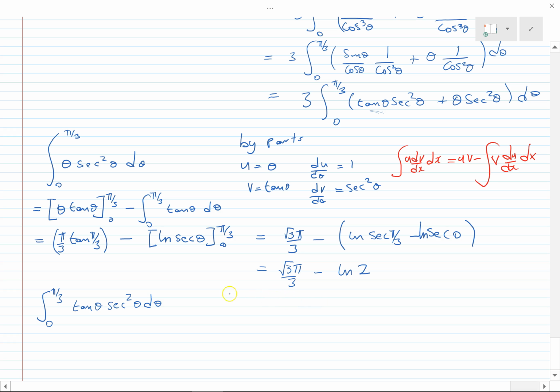We can often use an inverse chain rule or standard patterns type thing if we can arrange it properly. One way of doing this is to regard it like this: just sec squared theta times tan theta. I'm going to write it to the power of 1 like that to see how this works.